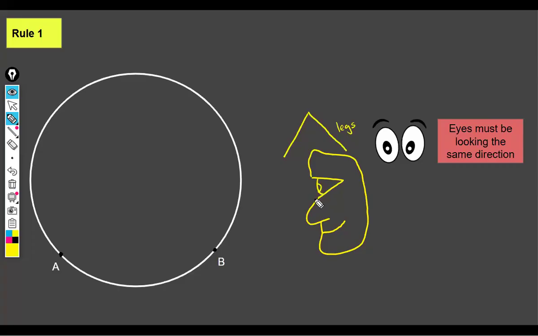Here's a big googly eye, and the eye is looking in this direction. So today, I'm going to be drawing legs and eyes that look like this. This is the direction the eye is looking, in the direction of that particular arrow.